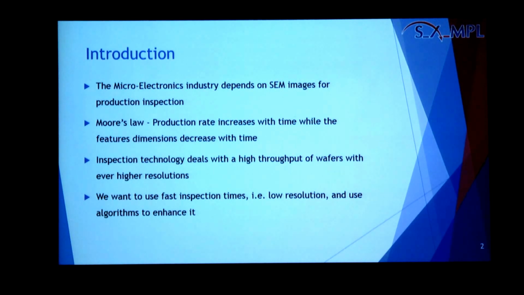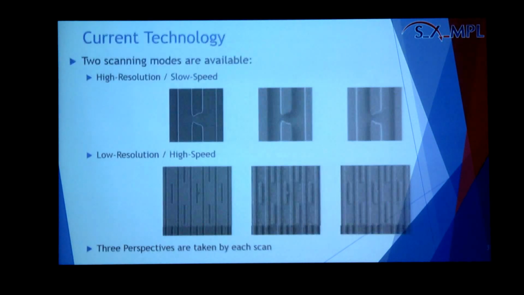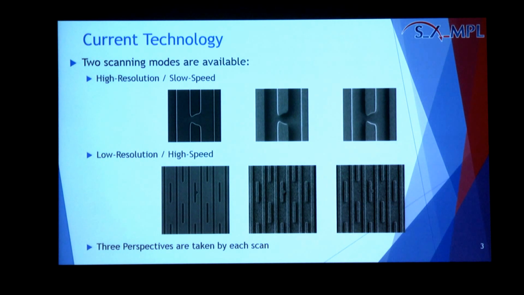We would like to still use fast inspection times, which means low resolution, and use digital algorithms to enhance it. What do I mean? That's the background of the problem. We have the chip.